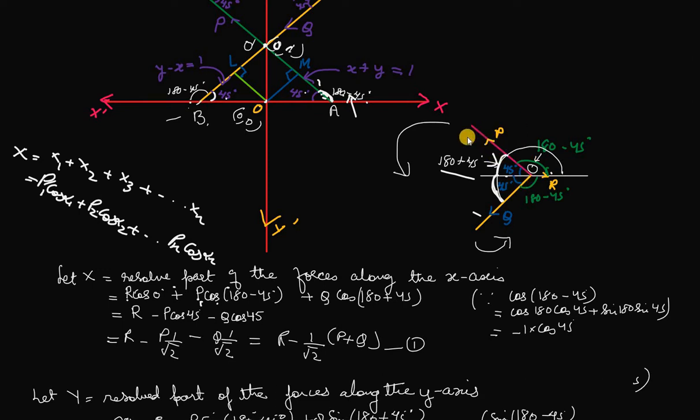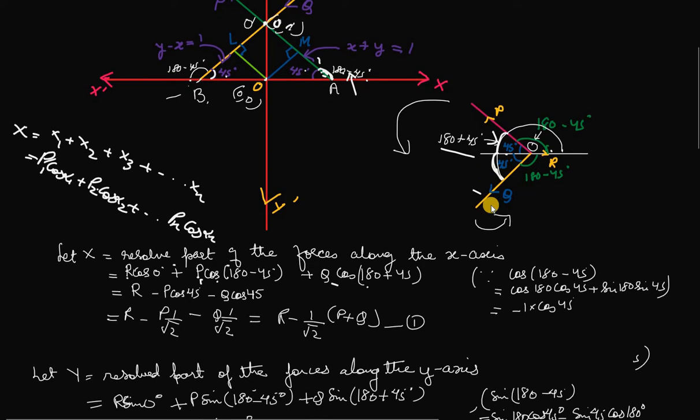Since it is moving in the anti-clockwise direction, the inclination with respect to the x-axis is 180 minus 45. So alpha 2 here is 180 minus 45, plus Q into cos of, that is x3. x3 here is called P3, and P3 here is Q. Alpha 3 is 180 plus 45 degree, because the inclination from here to here is 180, and from here to here, as you can see in the figure, it is 45.